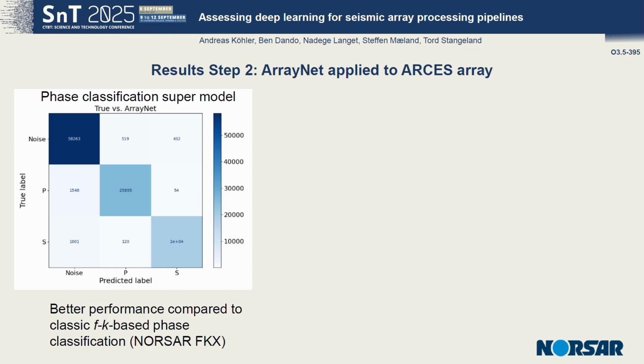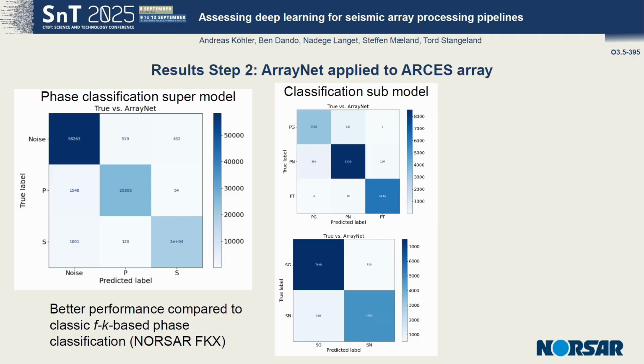And we have that. We also compared this with the operational pipeline, with FK analysis, and we saw some improvements. It also improves when trying to classify Pn versus Pg, Sn versus Sg, so the regional phases. This works quite well with this method.